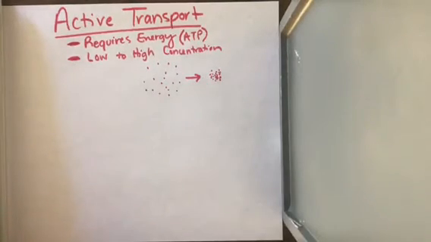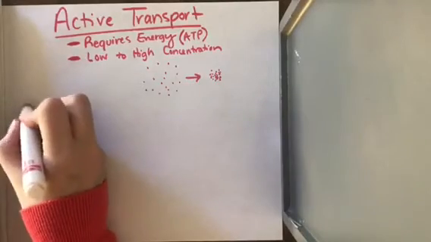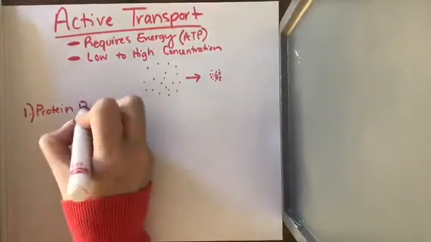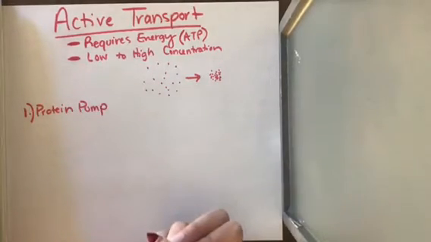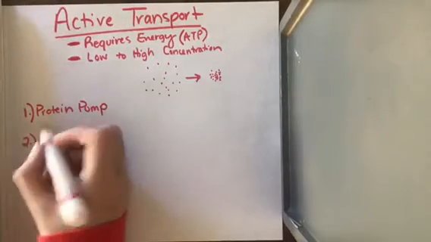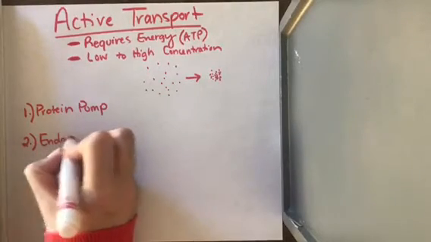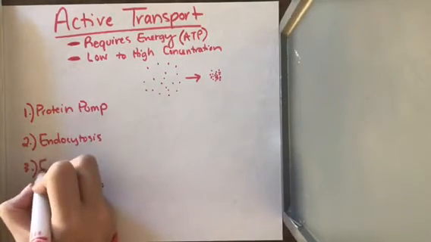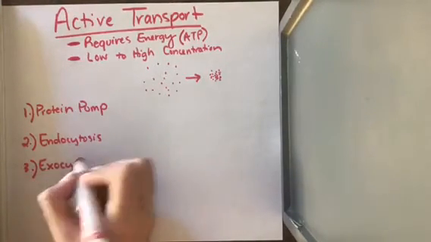There are three types of active transport. The first one is called a protein pump. We're going to come back to that one in just a second. The second one is endocytosis, and the third is exocytosis.